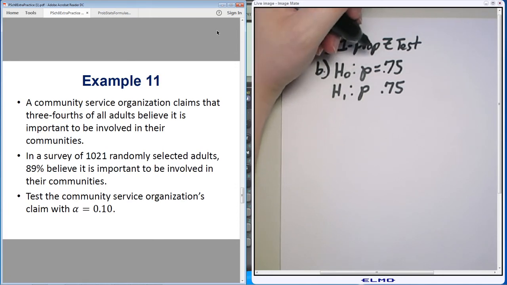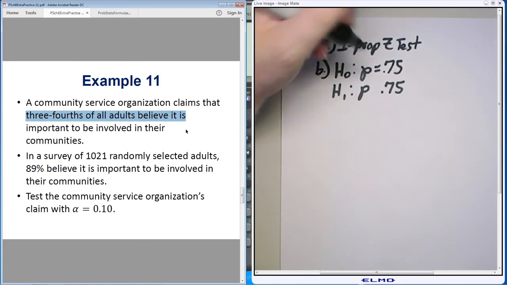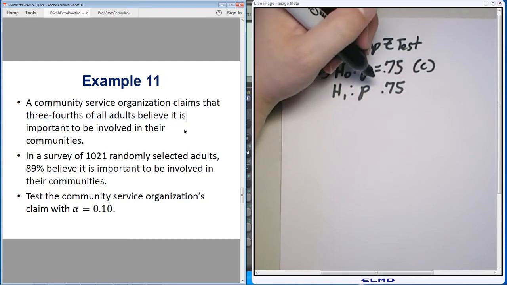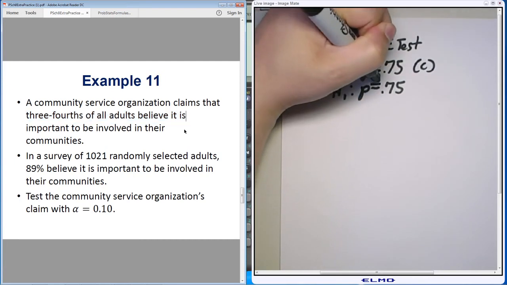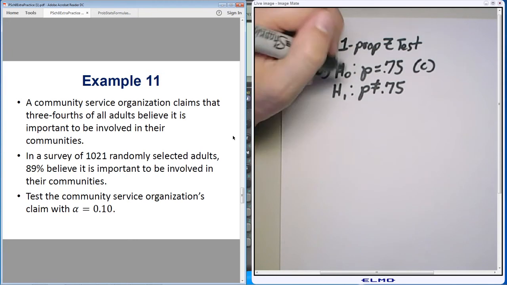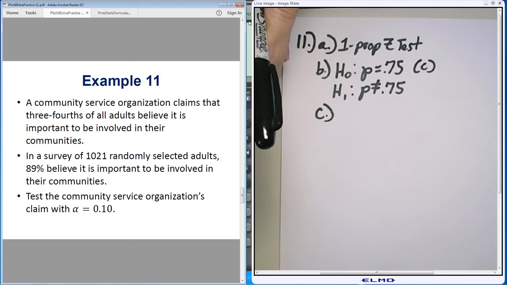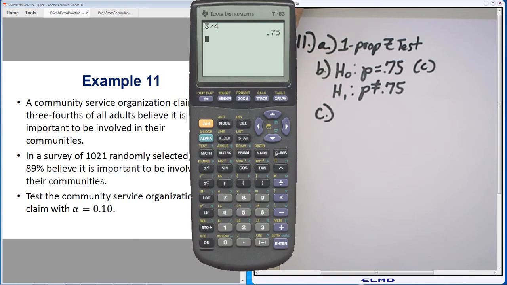Alright, the claim is that it is 3/4. So h sub 0 is the claim. There's no inequality mentioned, so we'll just test not equal to, two tails. That leads us to the calculator. Stat test and number 5.